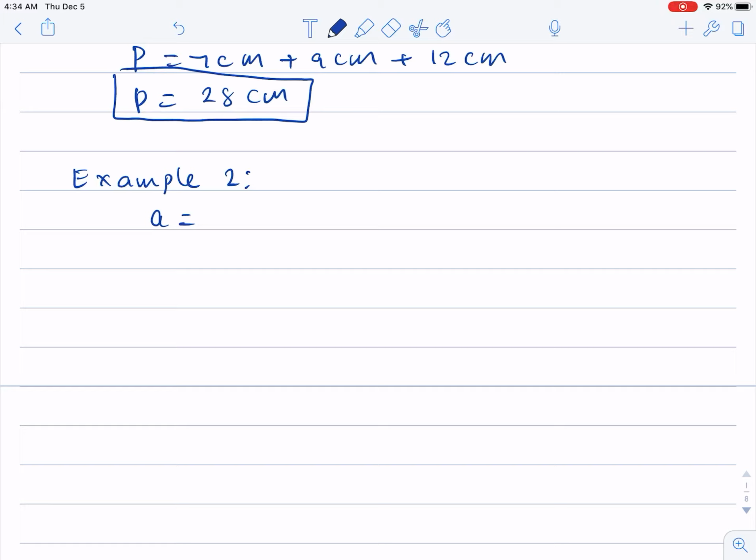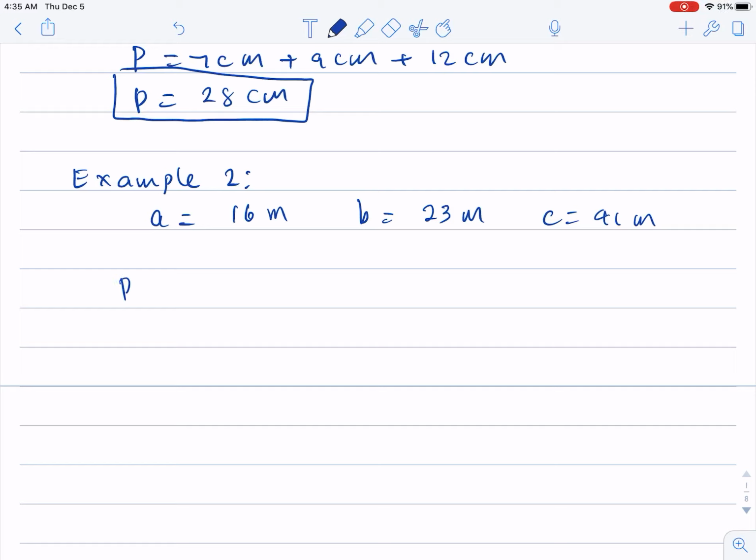Side length niya ay A, 16 meters. Ang B niya ay, another side is 23 meters. And another side is 41 meters. So this is a weird lot, for example. No? Triangular siya na lote.